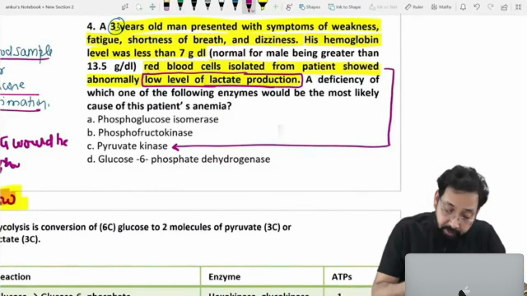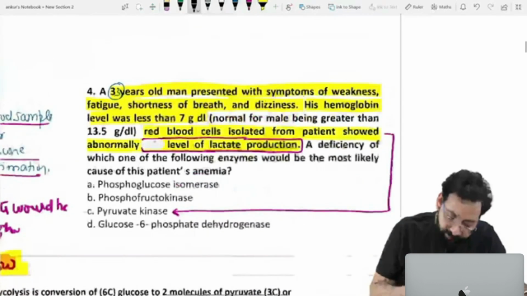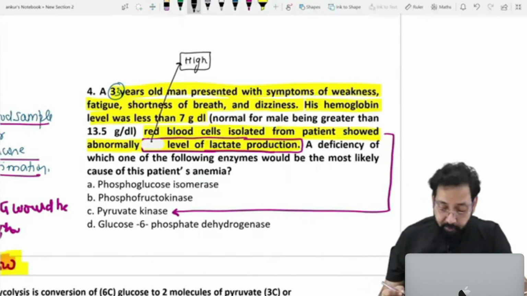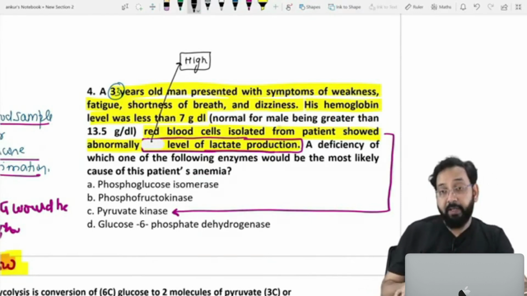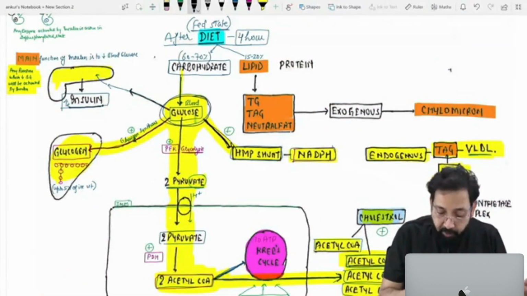Now in the same question, if I change it to high lactate level, then the answer would become G6PD. Now look at the screen. I told you, glucose is normally diverted towards the HMP shunt, and also diverted toward glycolysis.